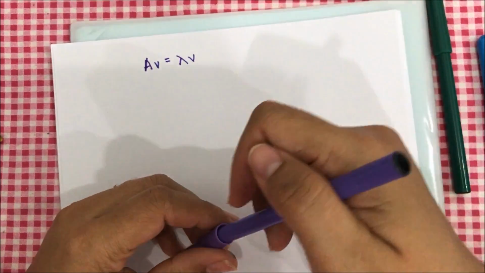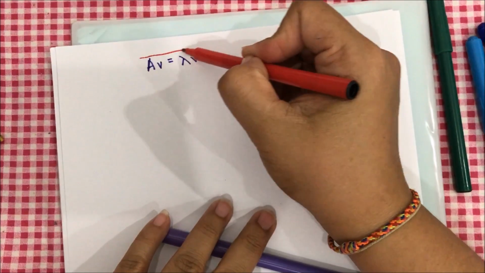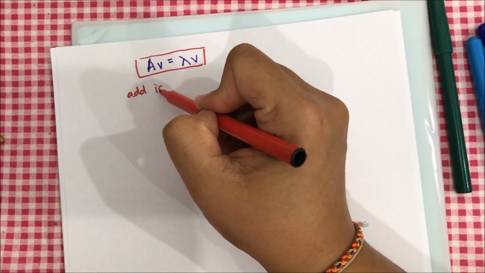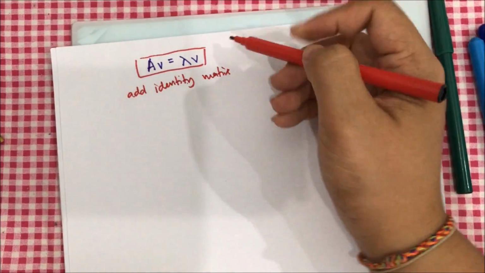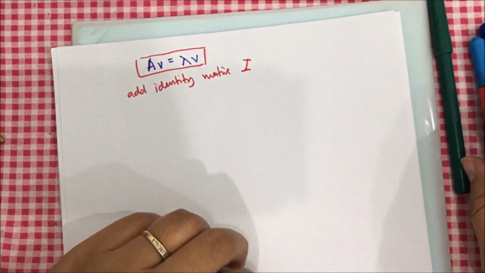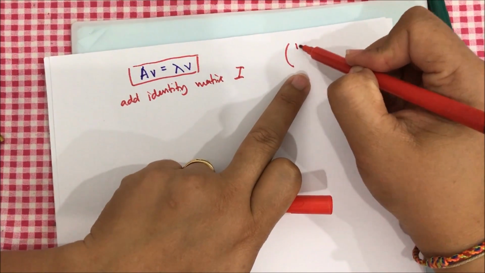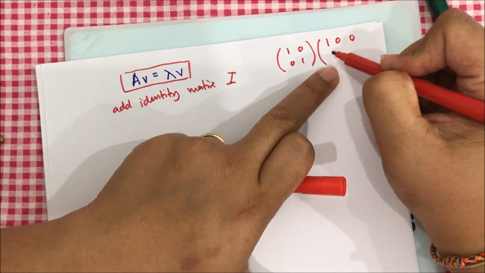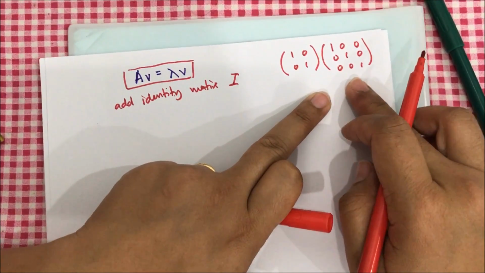If we add in the identity matrix, I, what is the identity matrix? For a 2 times 2 matrix, that means 1 0 0 1. For a 3 times 3 matrix, that means 1 0 0, 0 1 0, and so on. This is the identity matrix.